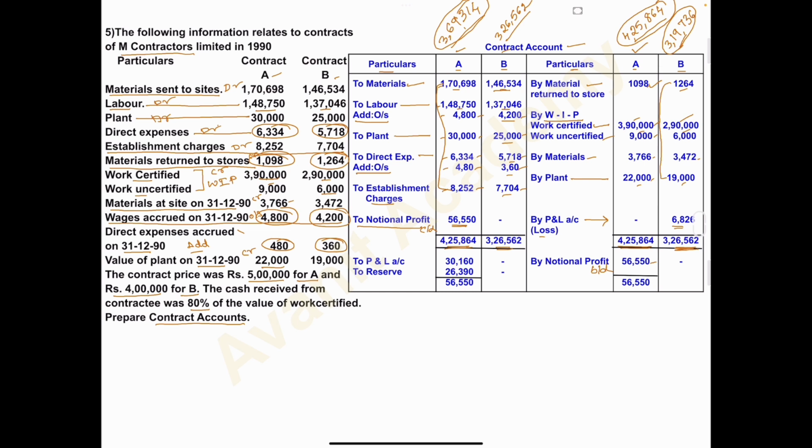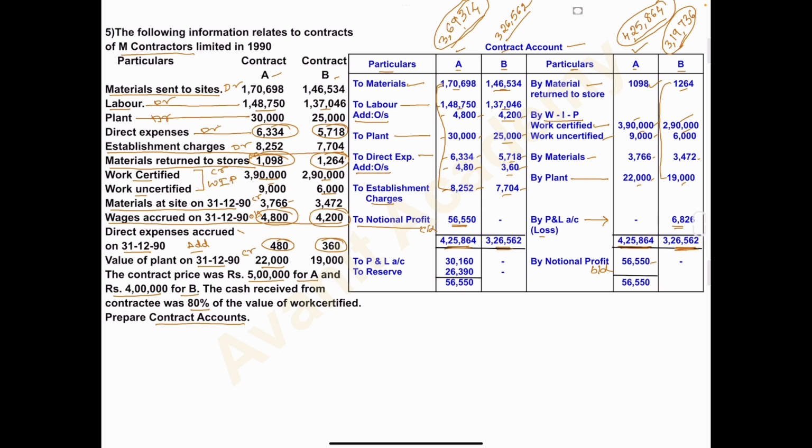Now we have to transfer this notional profit to profit and loss account and reserve. For that, we have to prepare a note. Before that, we'll see how much amount we have to transfer to profit and loss account. So what is the first condition? If the work certified amount is less than one-fourth of the contract price, no amount is transferred to profit and loss account.